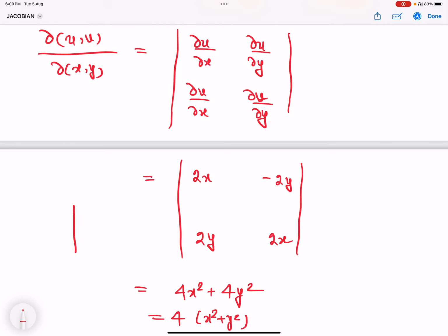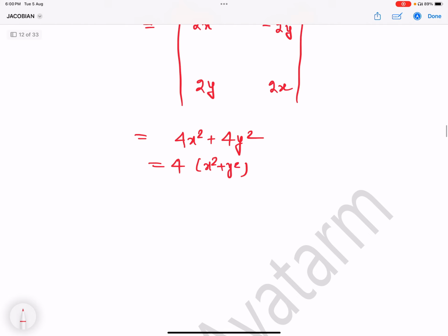Okay. Now, because x is equal to r cos θ and y is equal to r sin θ, and finally we have to calculate the Jacobian of u and v with respect to r and θ.